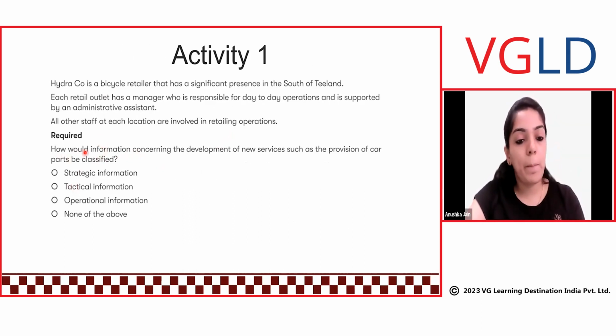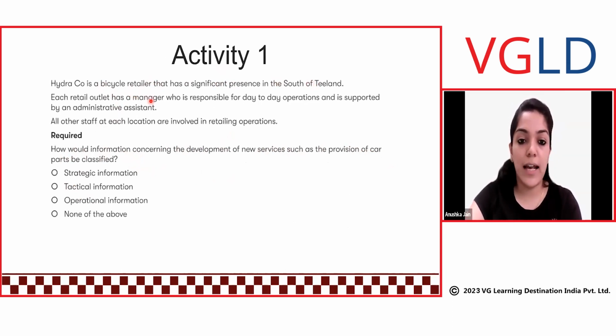What is the requirement? How would information concerning the development of new services, such as the provision of car parts, be classified? Let's read the scenario and then read the requirement again. Hydra Company is a bicycle retailer that has a significant presence in the south of Thailand.